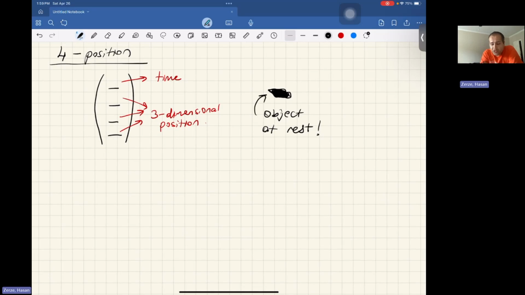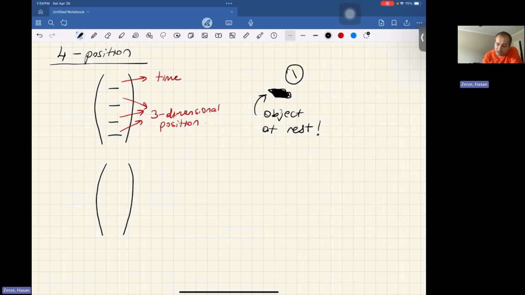For the object at rest, the time ticks, but its position does not change. You choose the coordinate system in such a way that the object is not moving. The position of the object is not changing.